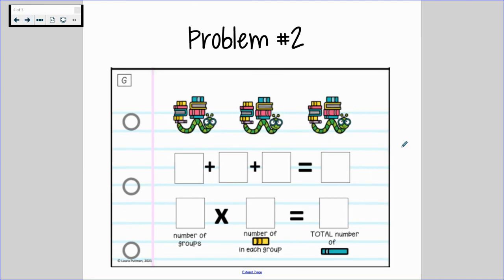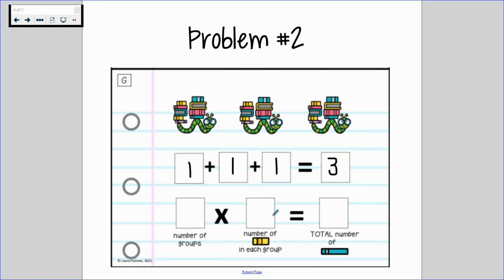Our second problem, we can see there are 3 little bookworms here. I would say 1 plus 1 plus 1. 1 bookworm, 1 bookworm, 1 bookworm. So 1 plus 1 plus 1 equals 3.